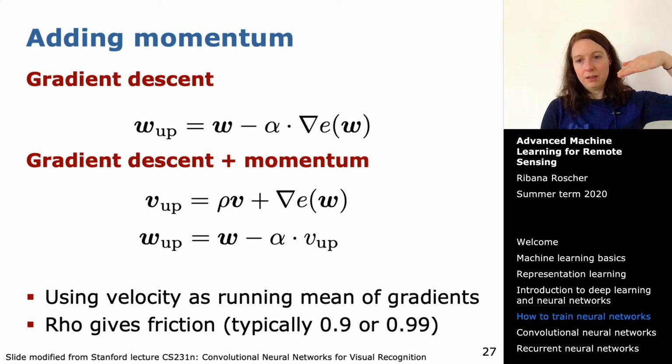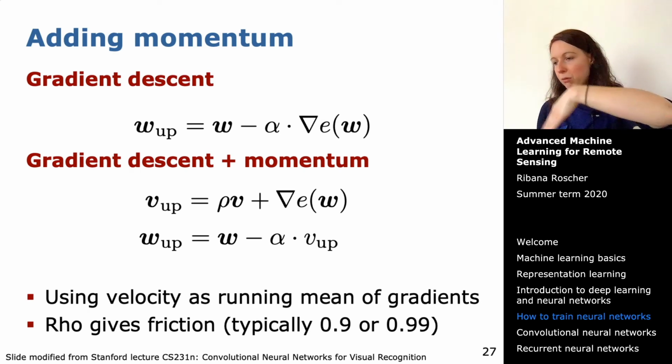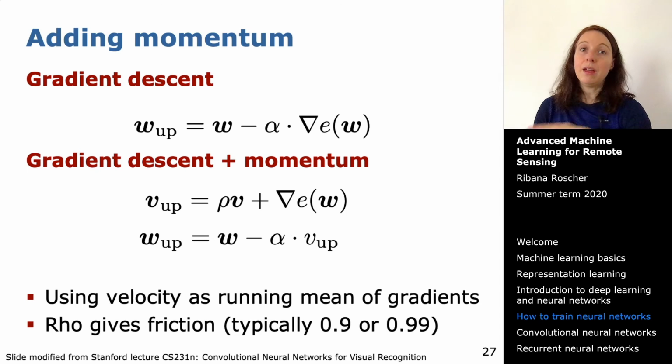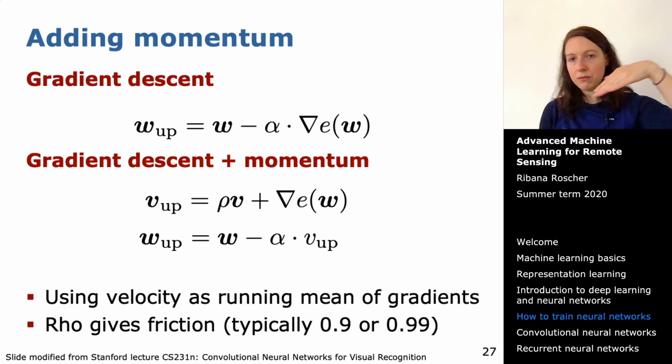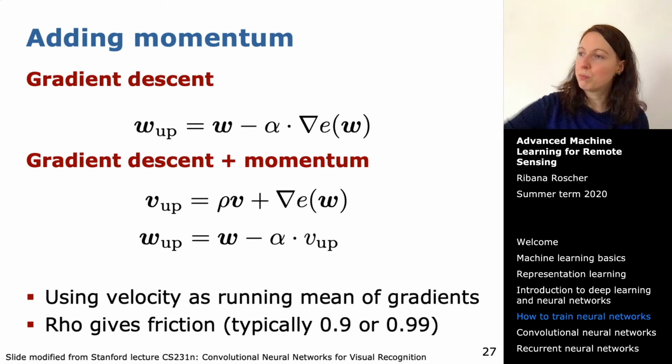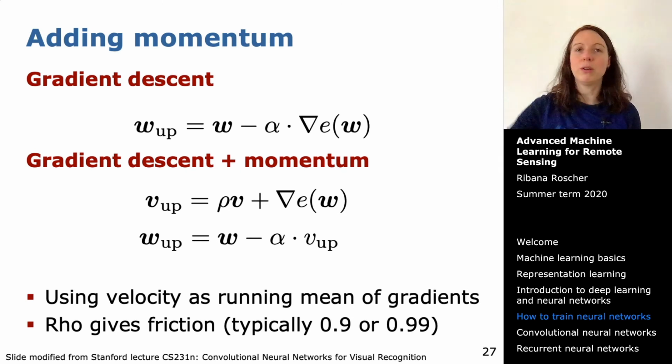Imagine you're making progress in your loss landscape, and at some point you're getting stuck. If you have momentum, you have some velocity, so even if you would get stuck there, you still have this velocity and momentum, which brings you over the saddle point or out of this local minimum.